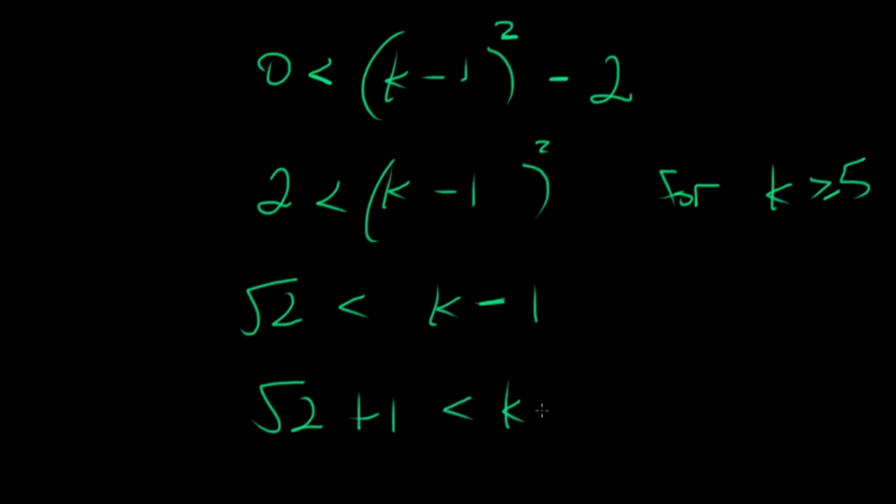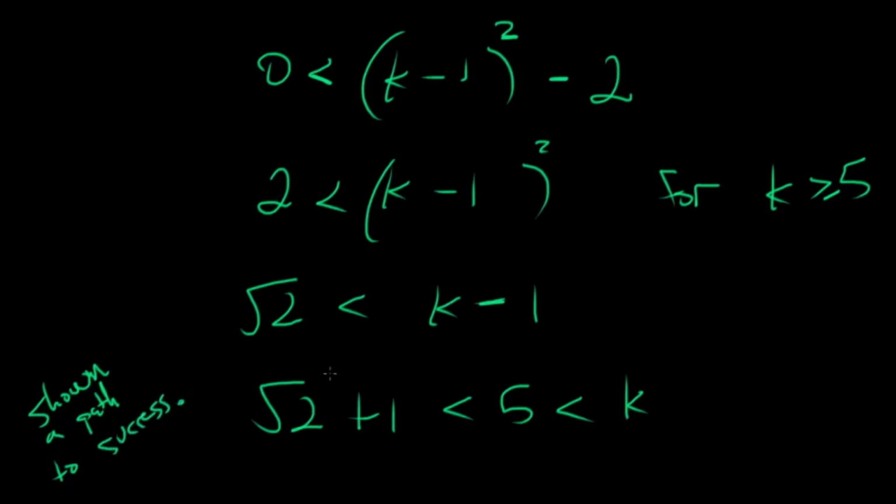Is this true? Absolutely, because k is greater than 5. This is totally true. Root 2 plus 1 is way less than 5, and k is larger than 5. So we have shown a path to success.